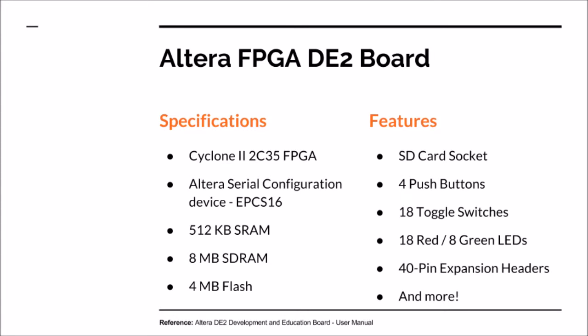Additionally, it has serial configuration, 512K SRAM, 8 megabyte SDRAM, 4 megabytes of flash. Additionally, some of the hardware components include an SD card socket, 4 push buttons, 18 toggle switches, 8 red and 8 green LEDs, in addition to 40-pin expansion headers, and much more.